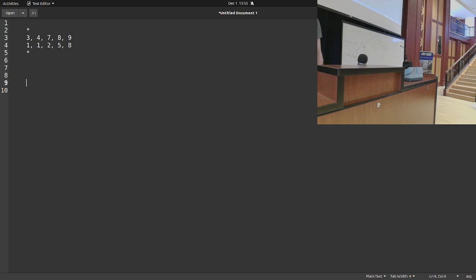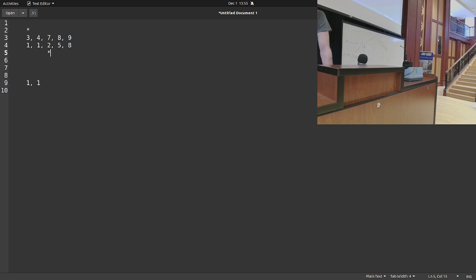Which one's smaller, 1 or 3? 1. Great, okay. So 1 gets put in. Then we're done with the 1. Now we're at this number. What's smaller, 1 or 3? Great, 1. So we merge that number and we move on to the next one.